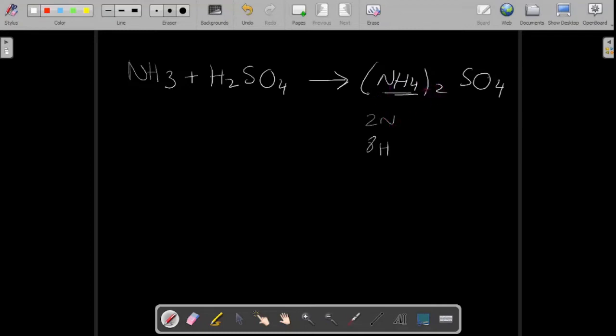So the 2 means you have 2 groups of this molecule. There's some molecules that mean that you need more than 1 of that kind. Okay, so there you go. You'll learn about this soon, but not yet. Just for right now, just know that the 2 is for everything inside the parentheses.